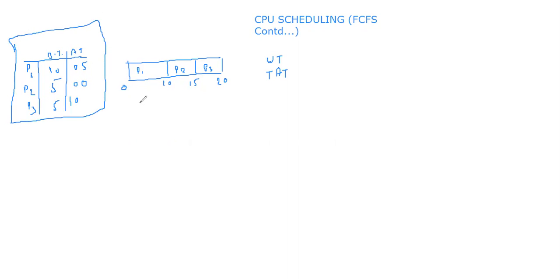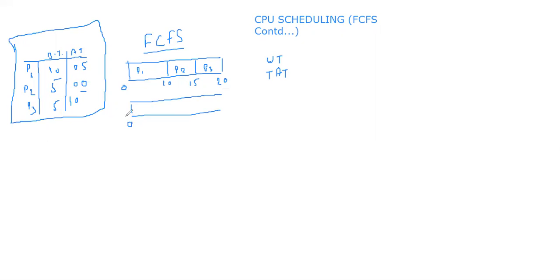What will the chart be? First of all, I need to identify which process arrived first, because we are focusing on first come, first serve. Arrival time says that P2 arrived first.